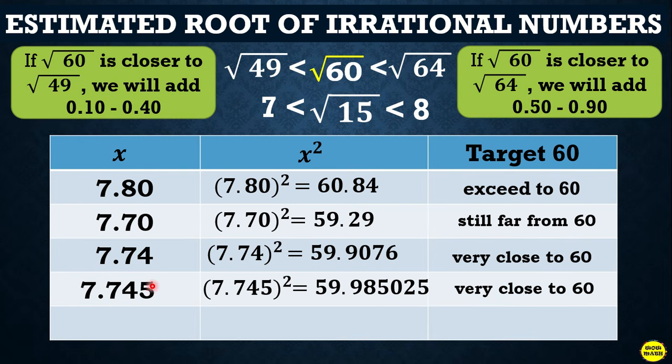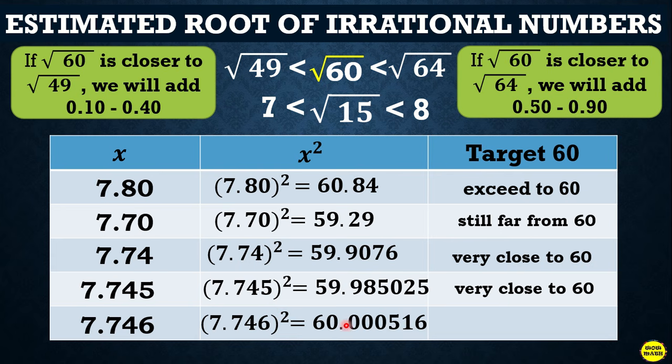Okay, for us to check, itry natin ang 7.746 para malaman natin which one is closer. So, 7.746 and that is 60.000516 and this is more than 60. So, tumaas na siya sa 746. So, ibig sabihin, ito yung pinaka malapit. Okay? So, we will be getting 7.745.